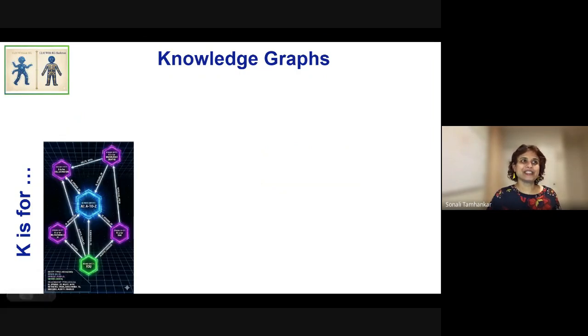In H is for hallucination, we talked about how AI can make up stuff. And an antidote is grounding, finding some way to anchor LLM responses in truth. Today, we will talk about knowledge graphs, which is a great way to do this.